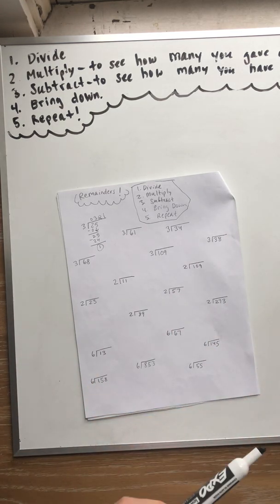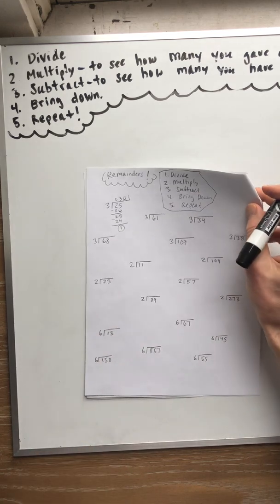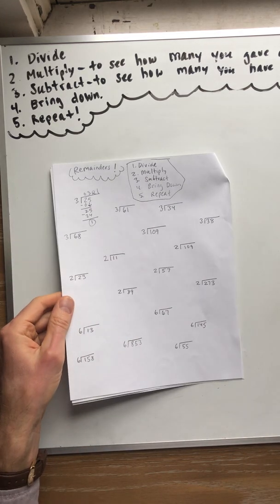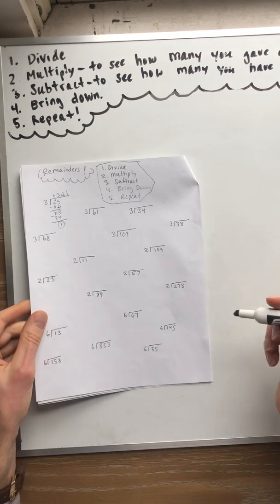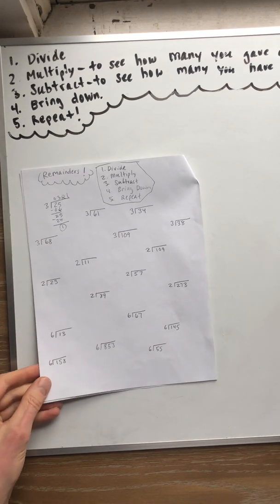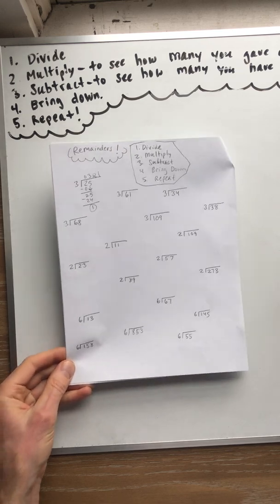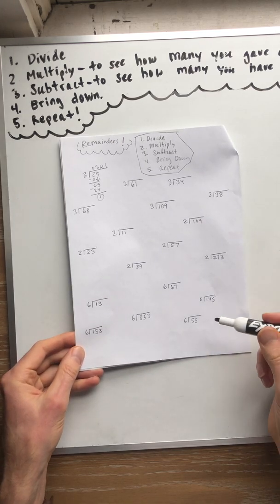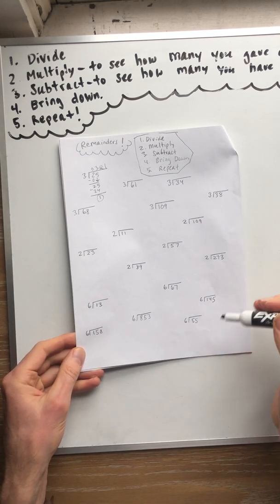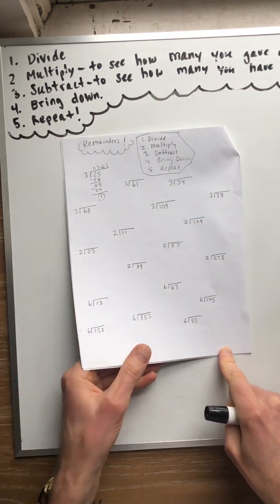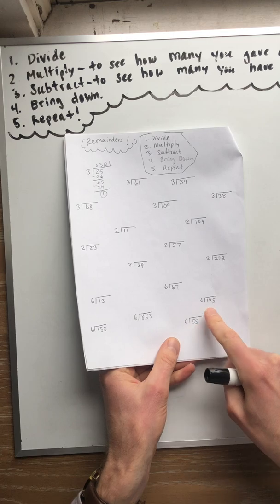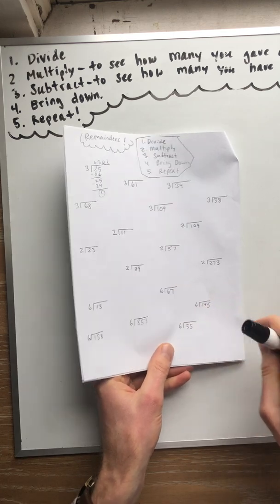So we're gonna be working on this page. I'll just do a couple problems so you can remember how to do them. Maybe I'll just do one actually, because we've been doing this for a while. Okay, I'll pick a big one. Let's do this one. Notice it's mostly 3s, 2s, and then some 6s. I'll do 6 and 145.